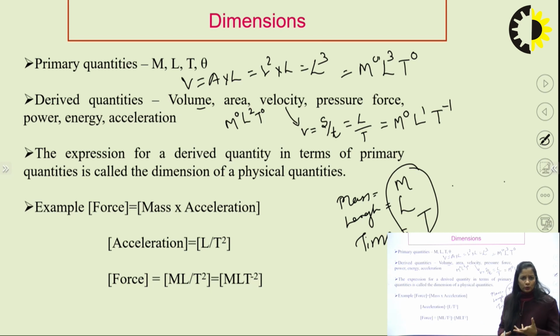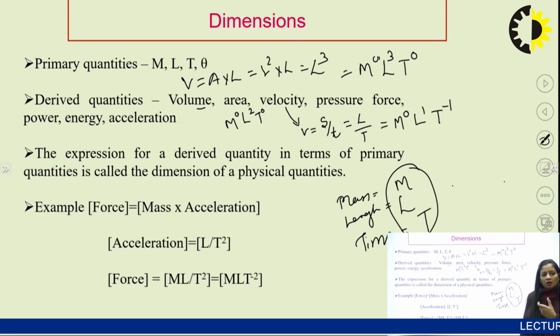So what you need to do is just write the formula and derive the dimension of that particular quantity. Okay. The expression for a derived quantity in terms of primary quantities is called the dimension of a physical quantity. Again there is an example written here: force equals mass multiplied by acceleration. Mass is simply M. Acceleration, you know, has unit meter per second square.